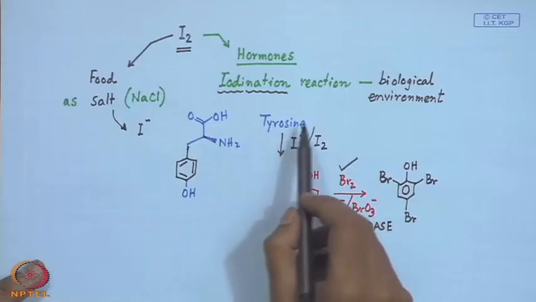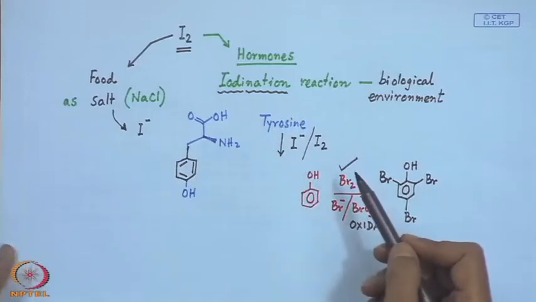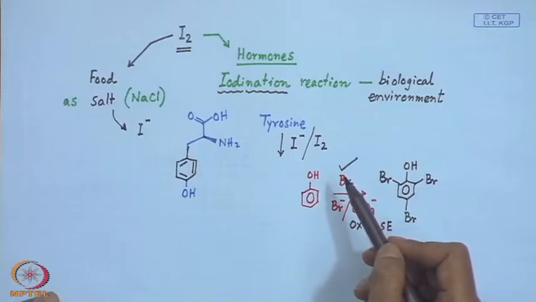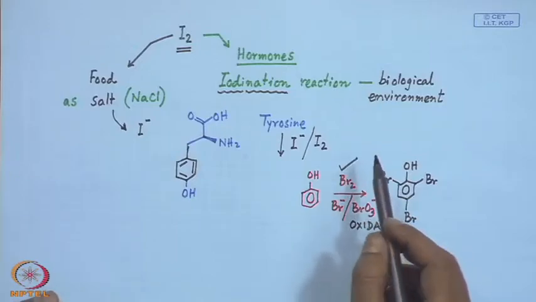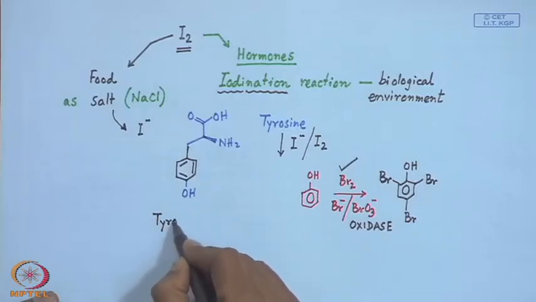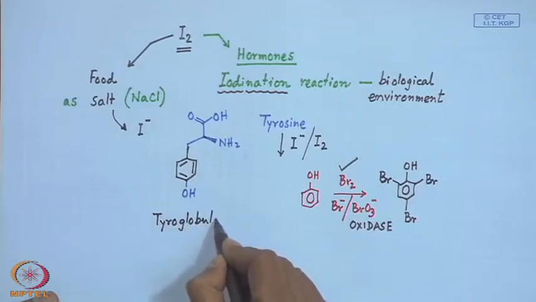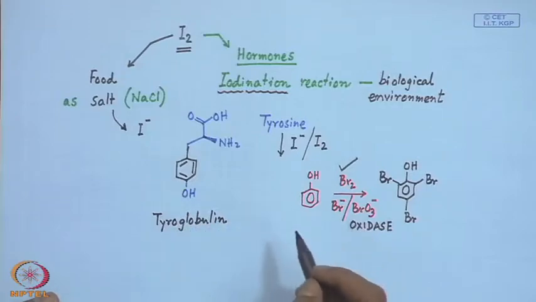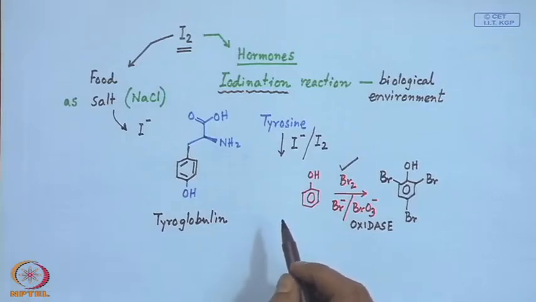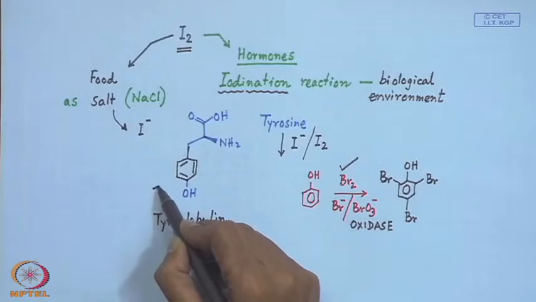Similarly, if we have the tyrosine, and we are looking for the corresponding iodination reaction which is present in the protein part, that means the protein thyroglobulin, and that thyroglobulin can handle this iodine to be inserted.